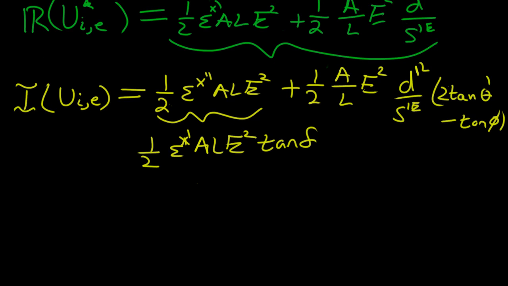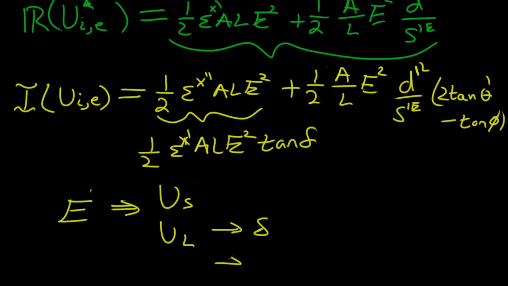So the next thing we want to know is, we apply an electric field, we get out stored energy and lost energy. The lost energy comes from the tangent delta. Lost energy comes from phi prime, and remember, this has to do with this one, and these notations all depend on the boundary conditions.